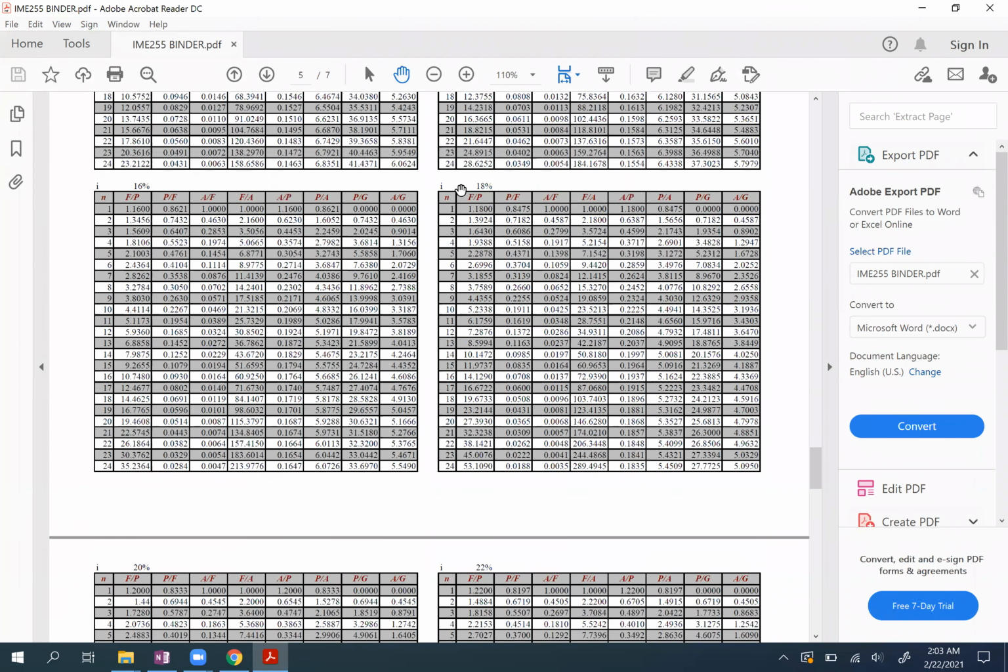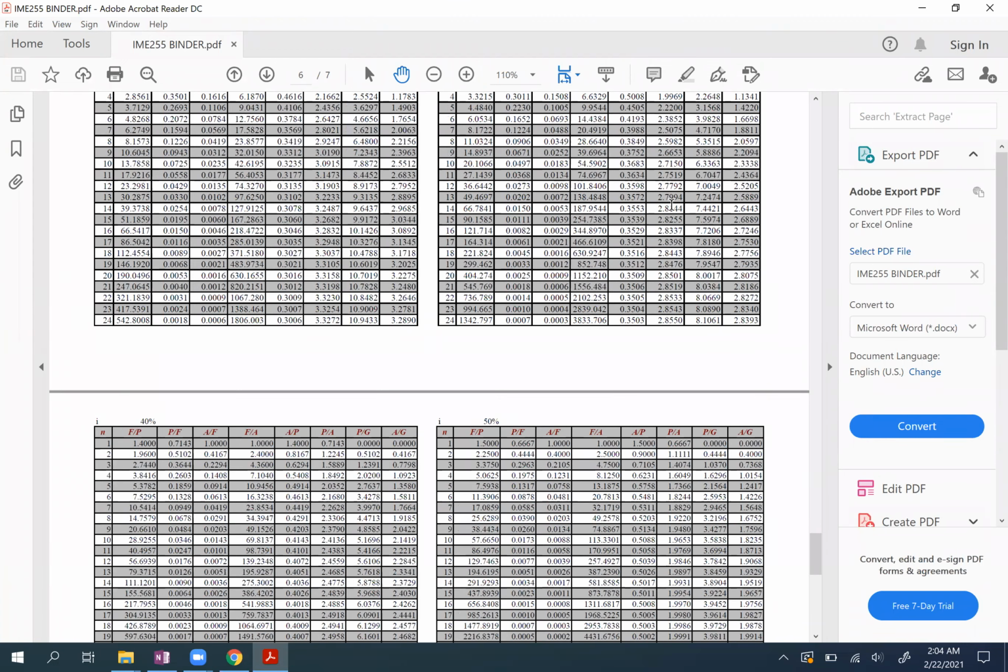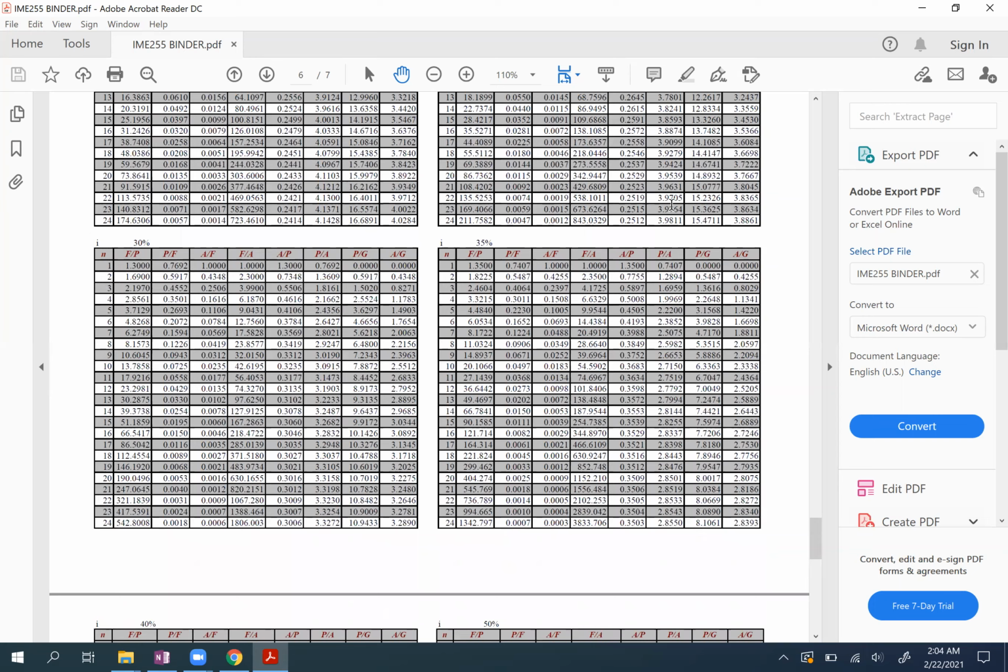So for example, when I is equal to 18%, N5, P given A is 3.1272. So it seems that I'm moving toward the correct direction. For example, when I is equal to 35%, P given A, N equal to 5 is 2.22.